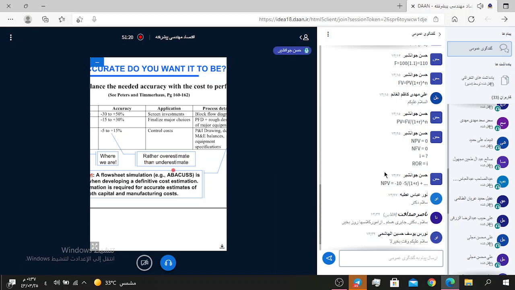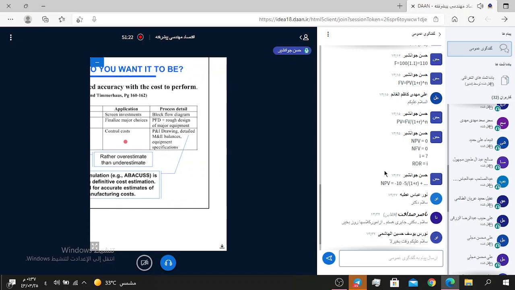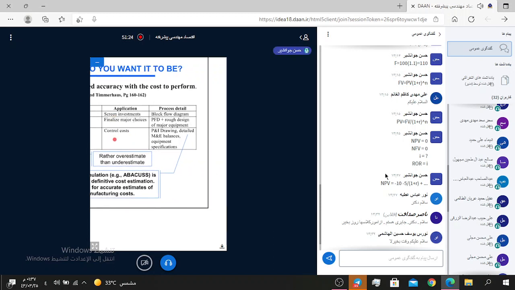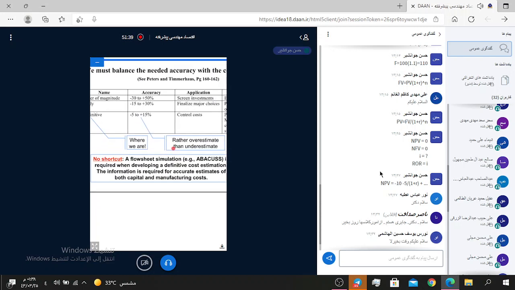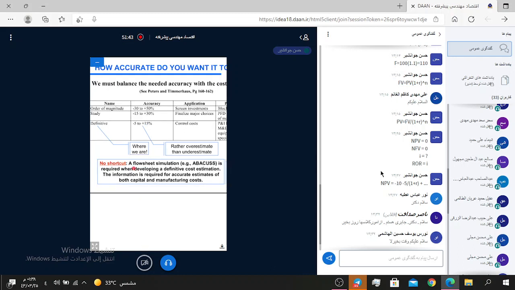Overestimate rather than underestimate. Application is control cost, process detail, P&ID, drawing details, M&E balance, equipment specification. No shortcut.